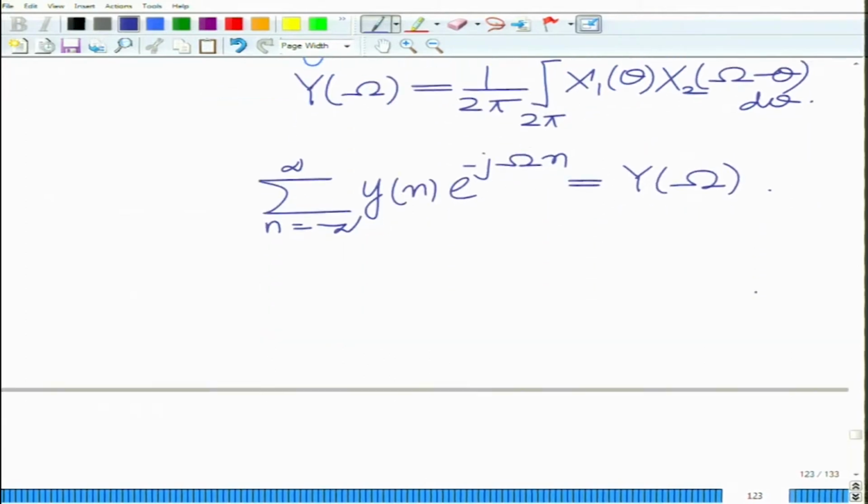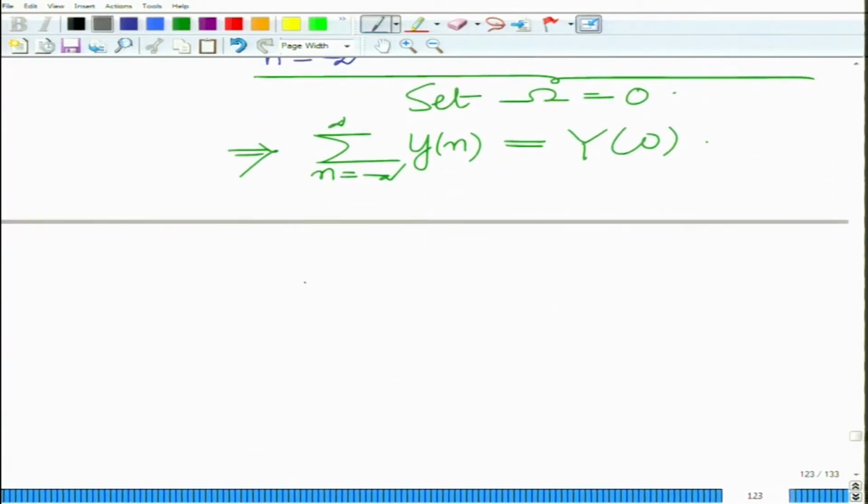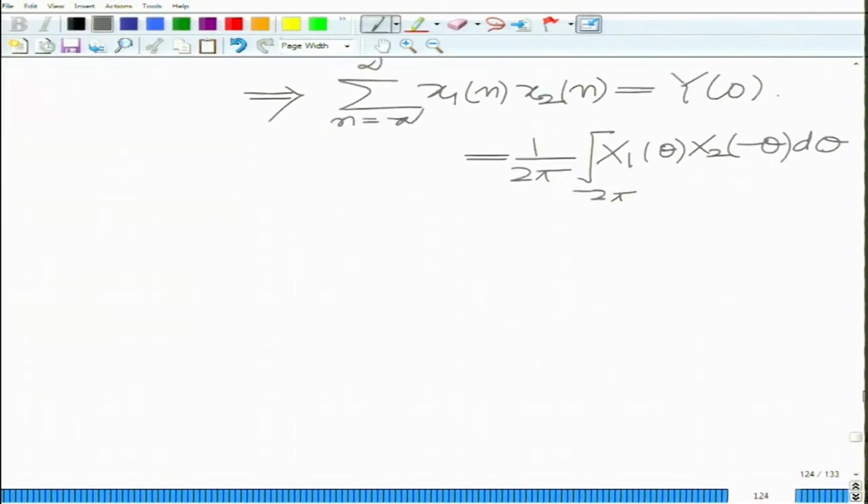Now if you set ω equal to 0, this implies the sum over n of y[n] equals Y(0), which implies the sum over n of the product x1[n] x2[n] equals Y(0). And Y(0) is nothing but setting ω equal to 0 on the right, so that is the integral of X1(θ) X2(−θ) dθ.